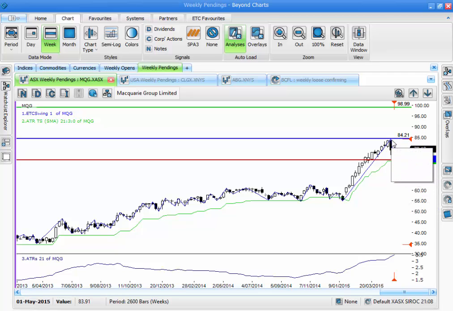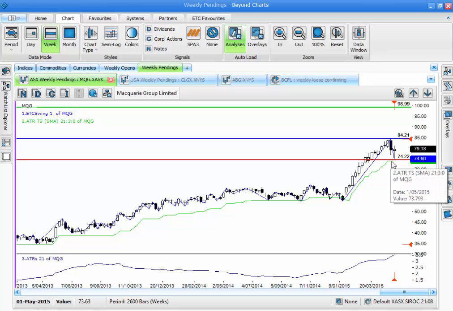So it's nearly 3 ATRs from the top of the last medium-term peak here down to what I'm expecting to be the medium-term trough. Okay, so should that happen to trigger, it won't be too long before we trail the stop on that, because the trailing 3 ATR line is very close to the initial stop.